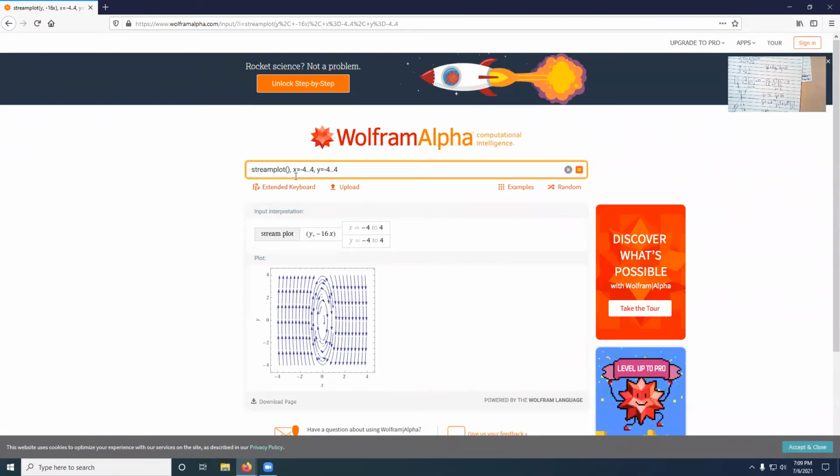My matrix had rows 0, 1, and 8, minus 2. So what that means is it likes it if you use variables x and y rather than y1 and y2.